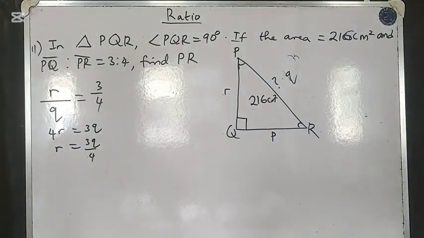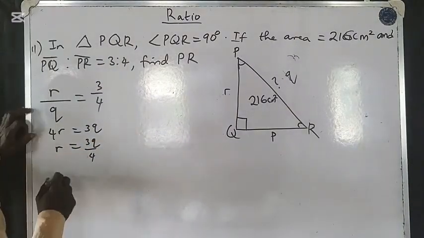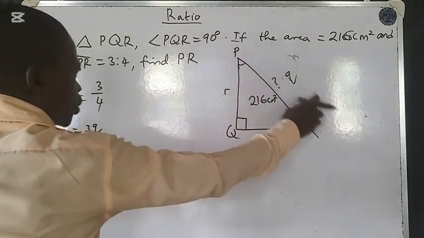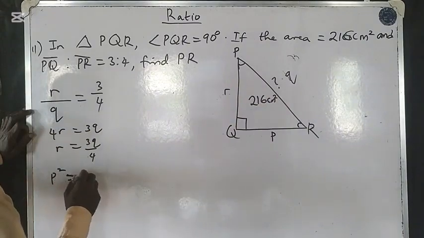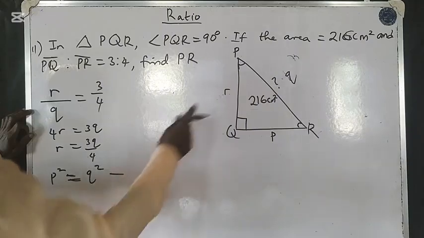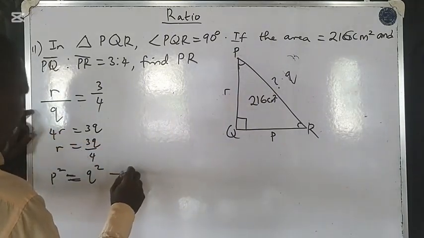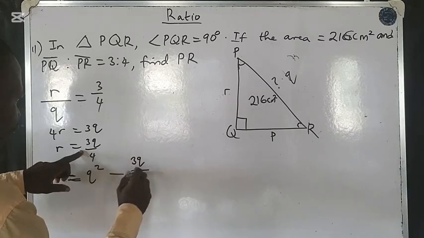So Pythagoras theorem says what? If we are looking for this side, we're going to write P squared equal to the square of this side, the hypotenuse, which is Q squared, minus the square of this side, which is R squared. Our R is now 3q over 4.